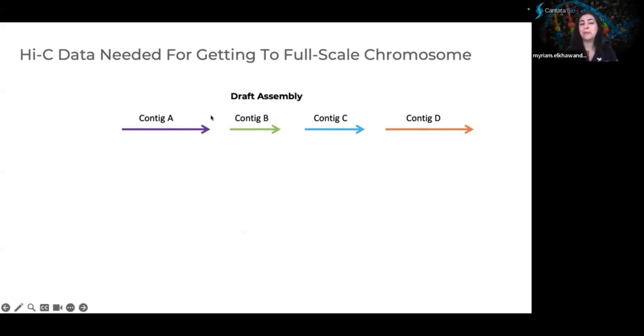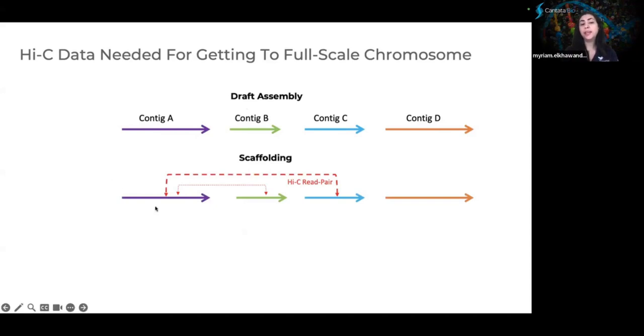You obviously have several more, but for this example, we're just having contig A, contig B, contig C, and contig D. You generate your Hi-C data, you analyze them, and what you see is that you have a lot of contacts between A and C, which is why you have this brighter red, and you have fewer contacts between A and B, and very few contacts between A and D. So what you can infer from this is D likely belongs to a separate chromosome, a different chromosome, and C is actually closer to A than B. So the right ordering is A, C, B, then D.